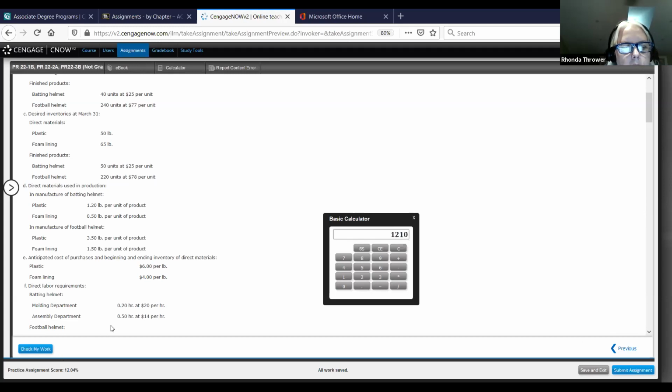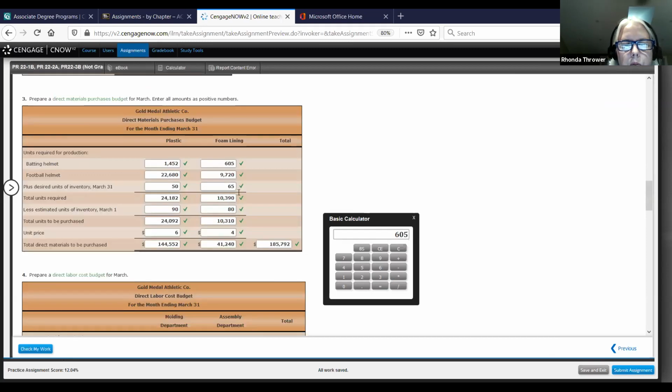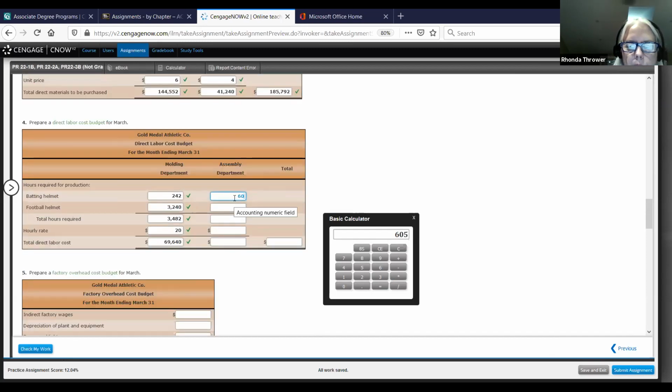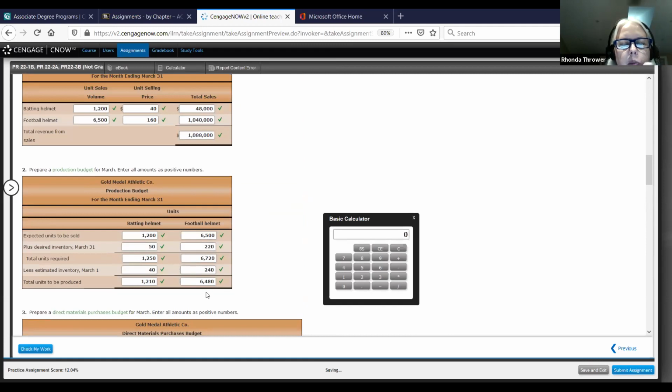The batting helmets, it takes a half an hour to produce those. So we're going to multiply this $12.10 by half an hour for the assembly department. And that gives us 605 hours for the batting helmets. And so for our football helmets, we're going to be producing 6,480 of those.